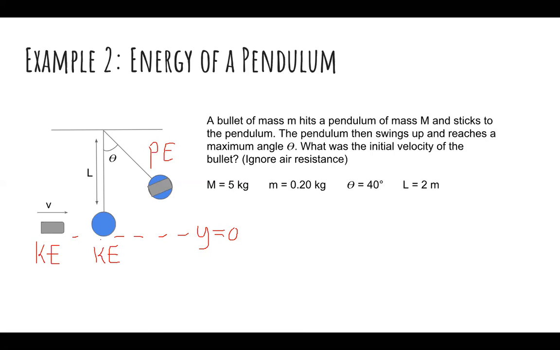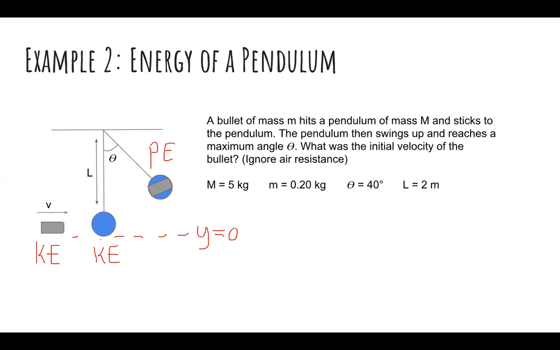Well, that would be assuming that it's an elastic collision, and we don't know that for sure. Actually, we know it's not an elastic collision because it sticks to the pendulum, meaning that kinetic energy is not conserved. So we can't make that assumption.